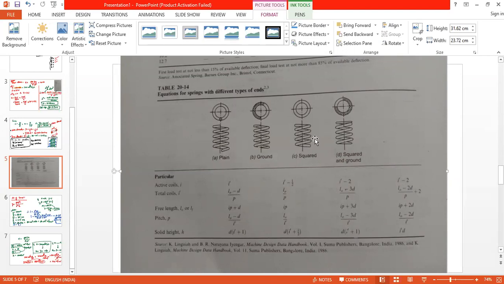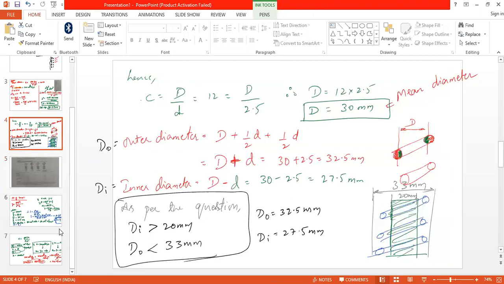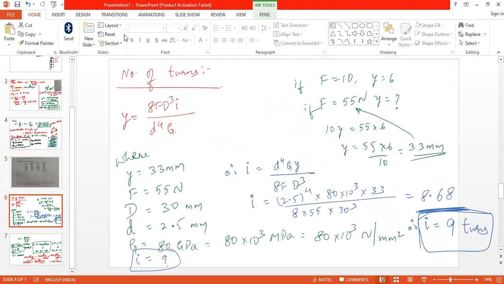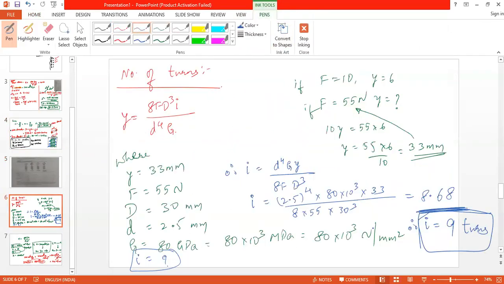If you choose the squared end, then the value I you got here is the number of active turns.